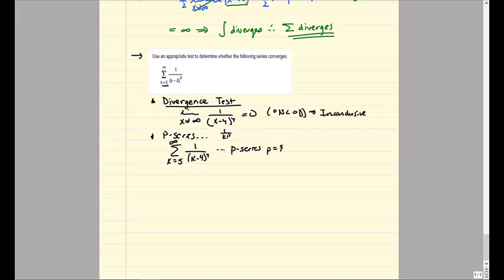And for a p-series, if p is greater than 1, make that look like a 4. P is greater than 1, that would mean that this converges. Now, as a quick note, integral test would also work to show convergence.